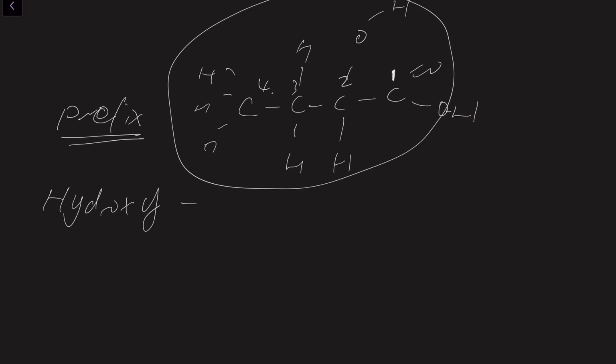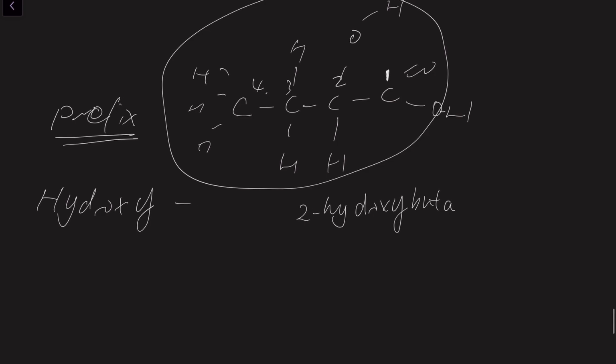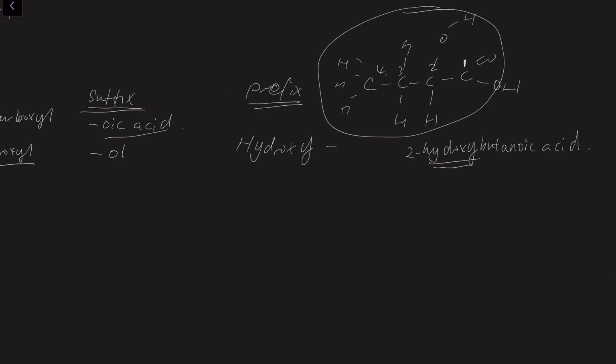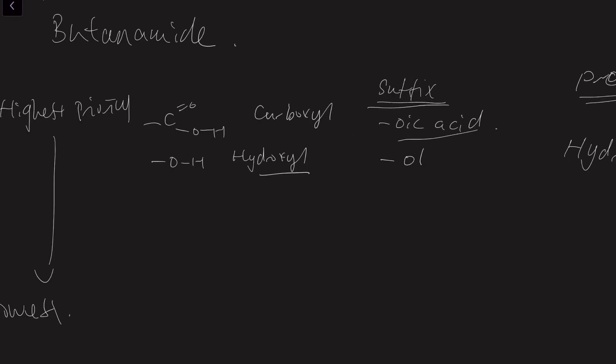So the name should be 2-hydroxy, and then you just name as normal, butanoic acid. So instead of having -ol as the suffix, because acid takes higher priority, the hydroxyl functional group changes the name to hydroxy.